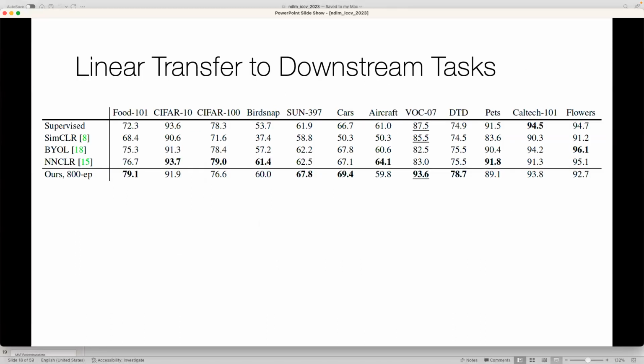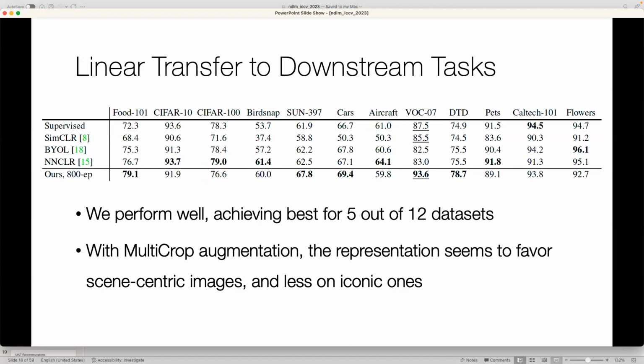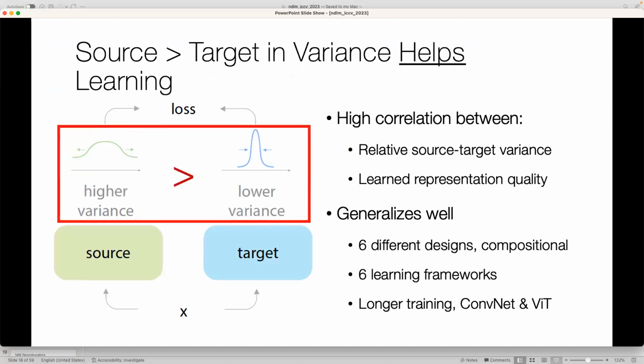And finally, we did some linear transfer for downstream tasks in order to compare with the state of the art. Actually, these are some older results, and they're less important.